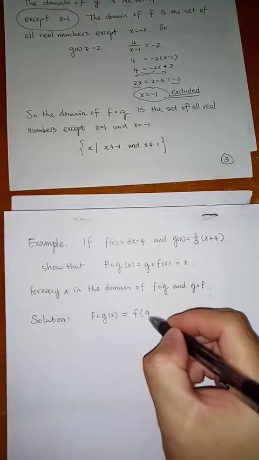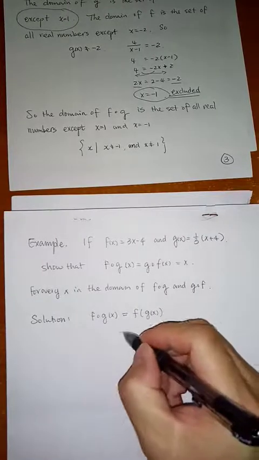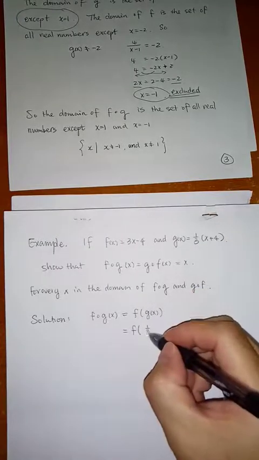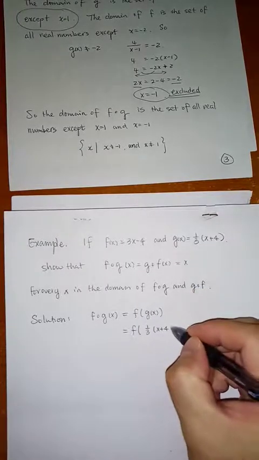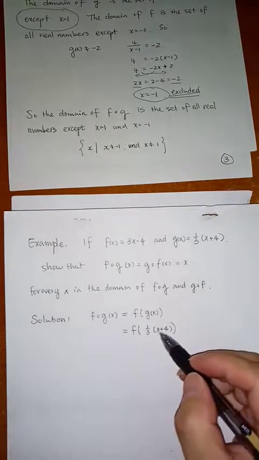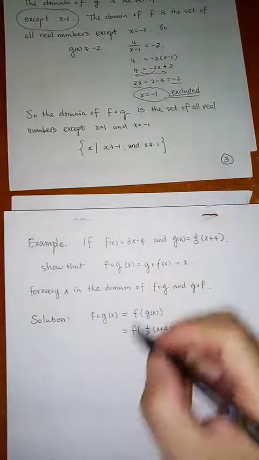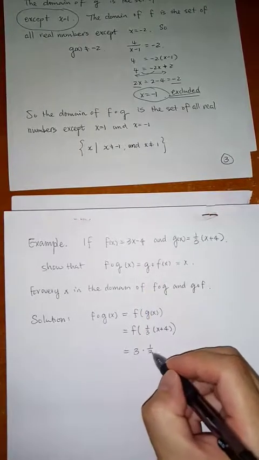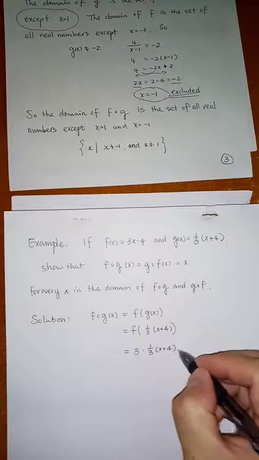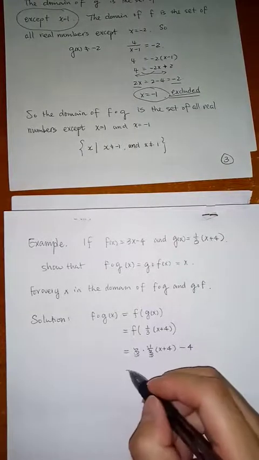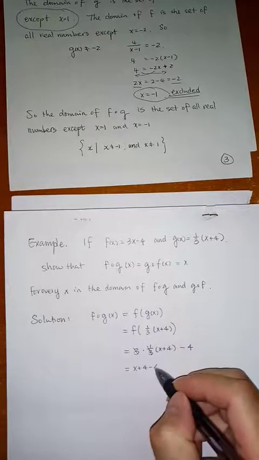Okay, by the definition, it's f of g of x. The external function is always copied, and then you put the internal function here. So f of 1/3 x plus 4, and then you apply the f function: 3 times (1/3 x plus 4) minus 4. 3 times 1/3 is 1, so it's x plus 4 minus 4, which is x.